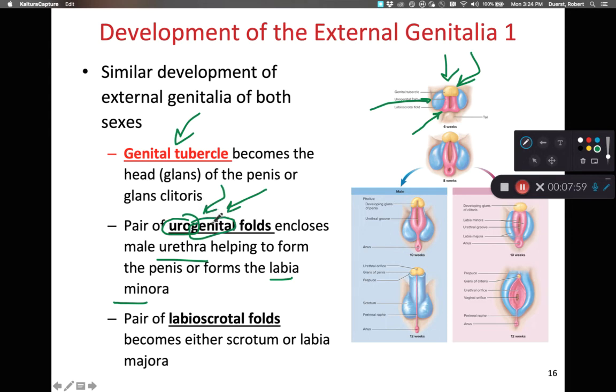So urogenital for urethra and genitals, for the male urethra or the female's labia minora. And then we have labioscrotal folds. And again, a great name. It's either going to become the labia majora in the female developmental pathway or the scrotum in the male developmental pathway. So those are great names because they tell what they turn into in either the male or female phenotype when you look at those words.